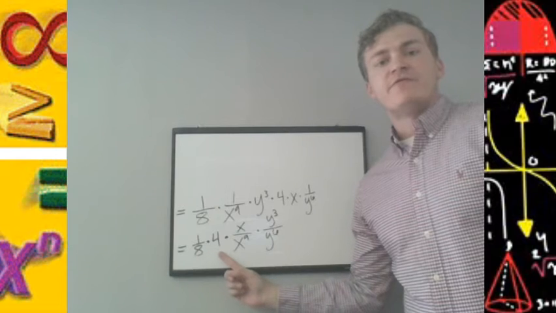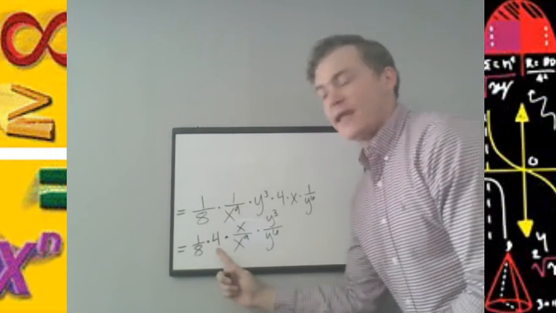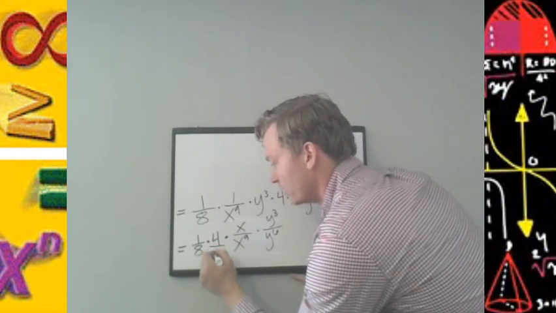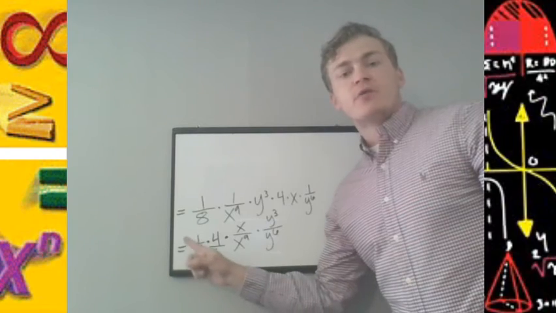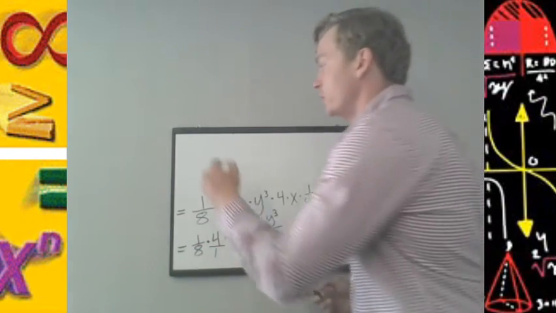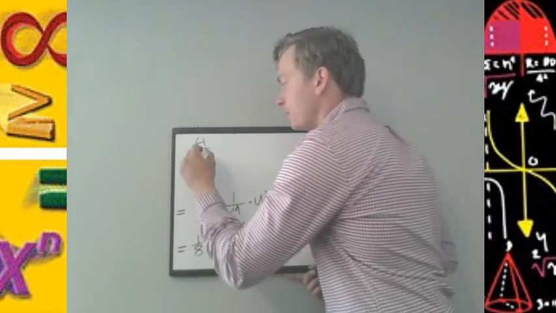1/8 multiply 4, or 4 divided by 8 is 1/2. The way that we can see this, any whole number 4 can be written as a fraction 4 over 1. In our numerator, 1 times 4 is 4. In the denominator, 8 times 1 is 8.